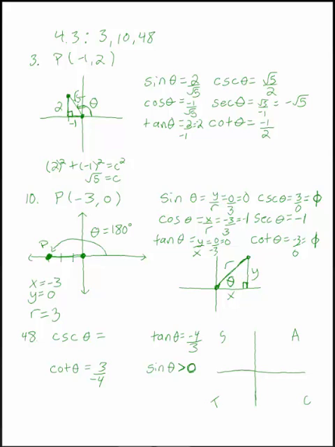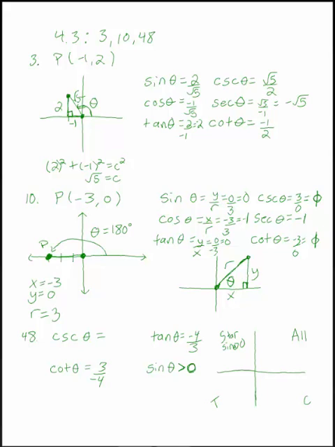where. So the A stands for all. That means that all of the trigonometric functions are positive in quadrant 1. The S for all star, that stands for sine. That tells me that the sine of theta is positive in quadrant 2.